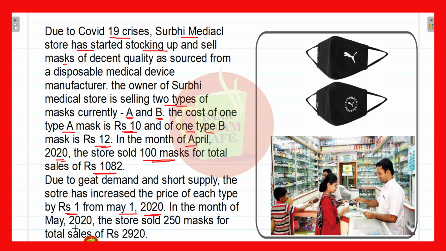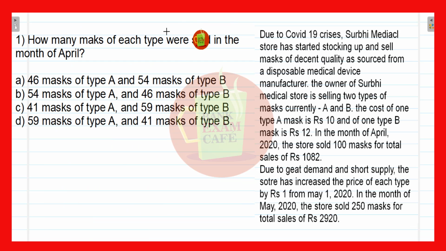In the month of May 2020, the store sold 250 masks for a total sale of rupees 2920. With the help of this data, solve the following questions. So let us see the first question which is on the screen.